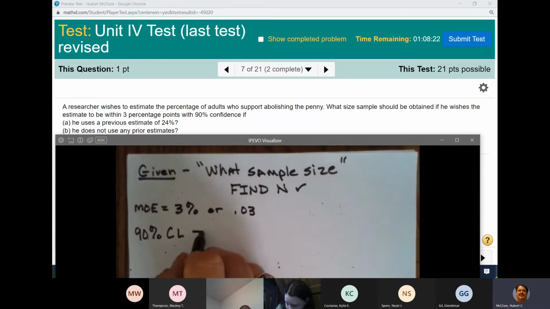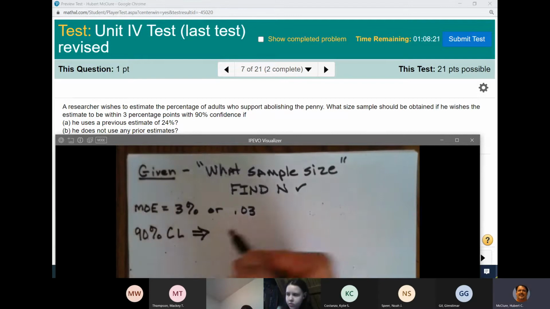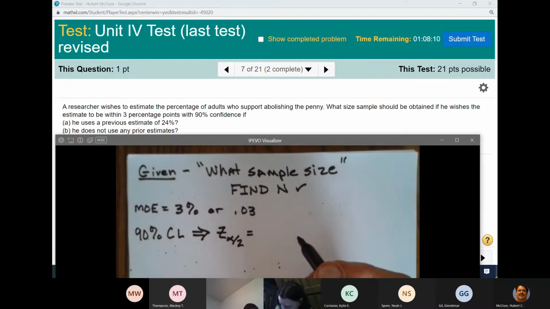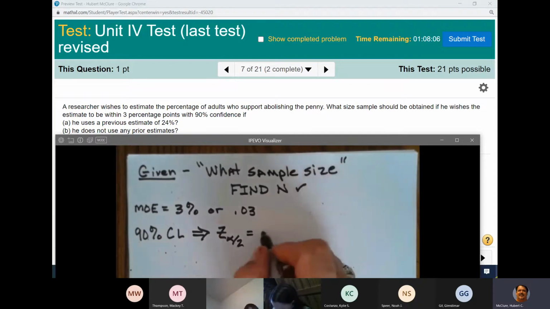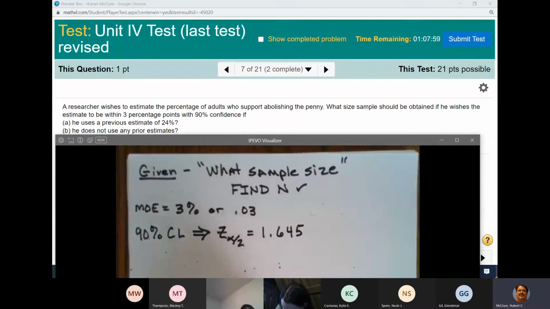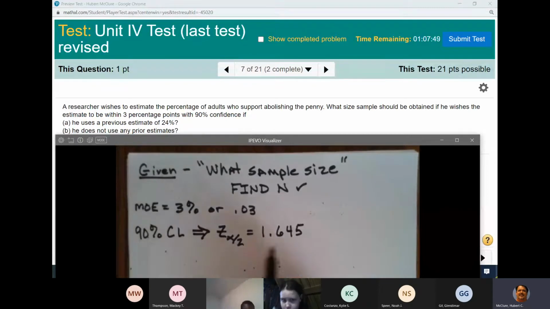So somebody look on your index card and tell me what the z-score is for 90% confidence level. 1.64. Okay, I want you to add a 5 to that. 1.645. Because some of the homework questions are using 1.645. So make sure you add that 5 to your index card.